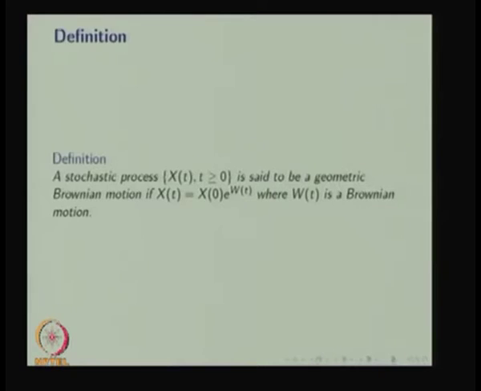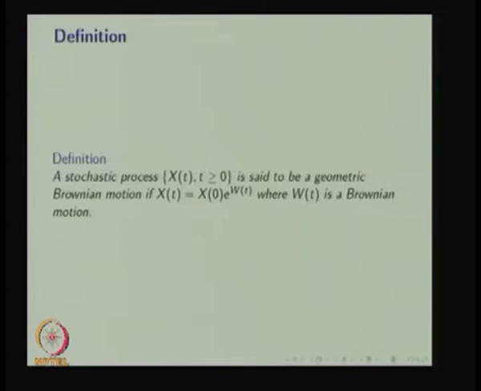That means whenever you have a Brownian motion, and you make another stochastic process as a function of Brownian motion of the form X of t is equal to X of 0 e power W of t, then the X of t stochastic process is said to be a geometric Brownian motion.